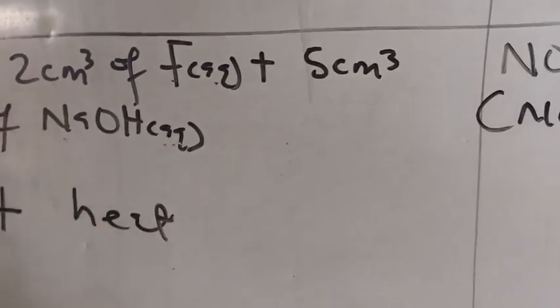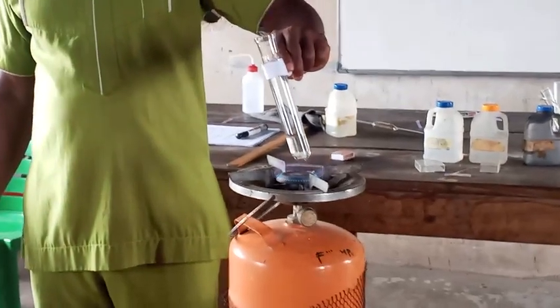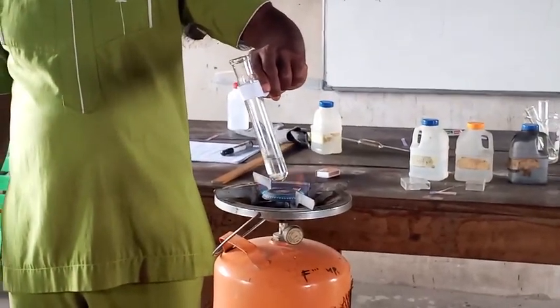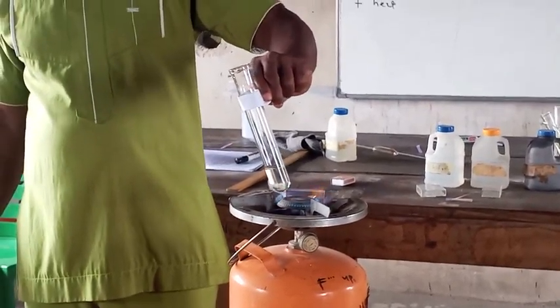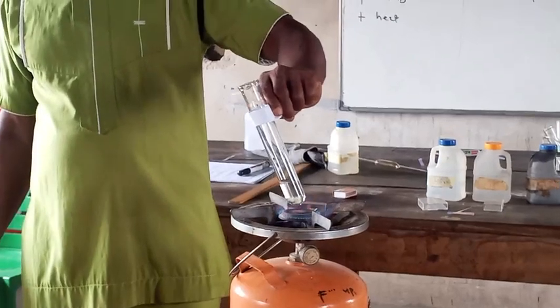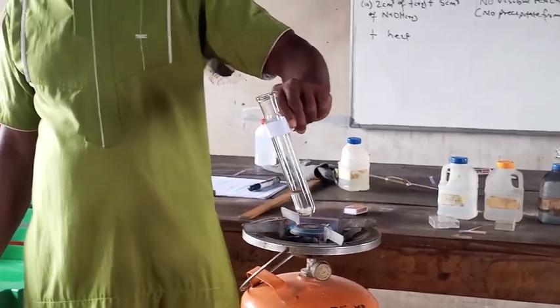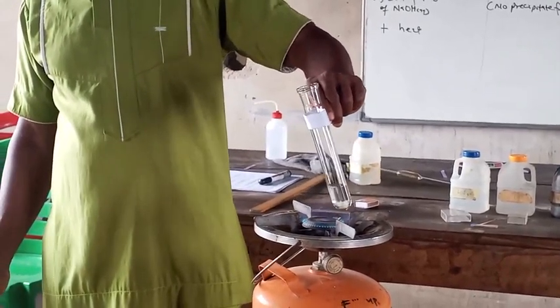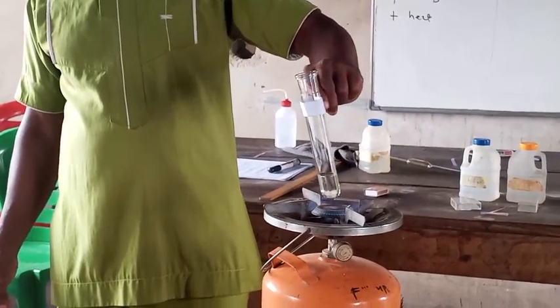So we're now going to heat this mixture of F aqueous and sodium hydroxide. As you heat, rotate the boiling tube over the burner. Don't keep it steady at one place so that the heat will not crack the glass.